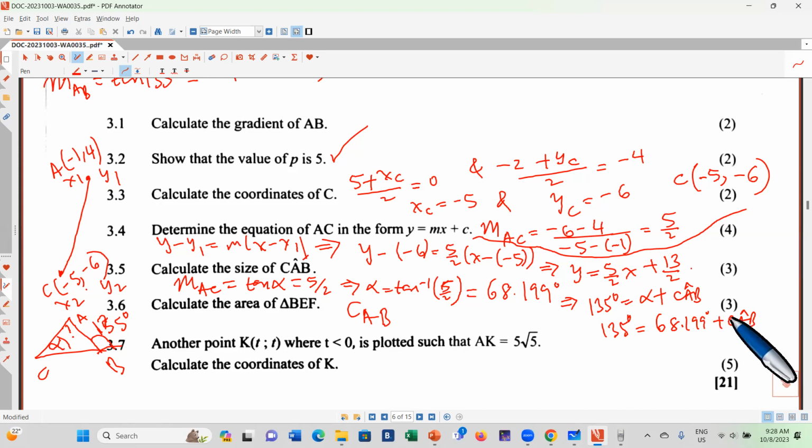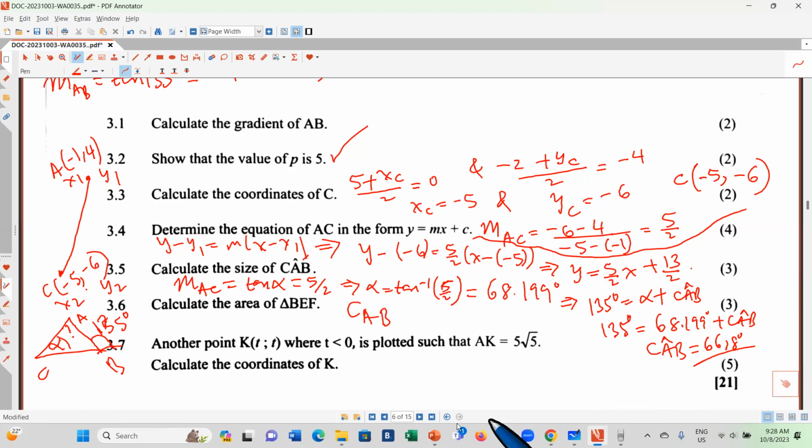So we do the calculation and the subtraction. It means CAB is equal to 135 minus 68.199. So now this is the result, about 66.8 degrees approximately.